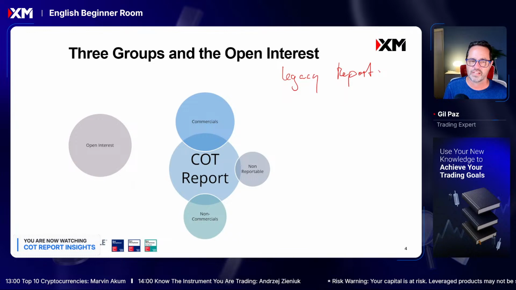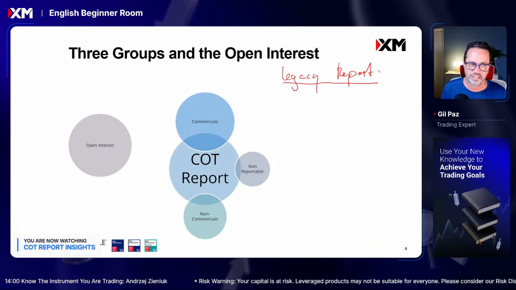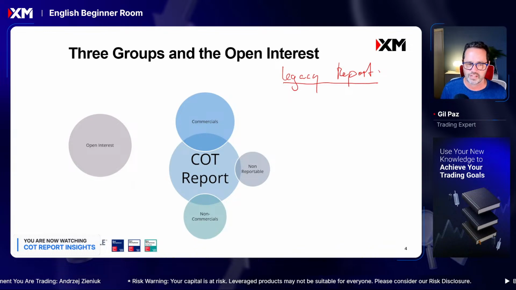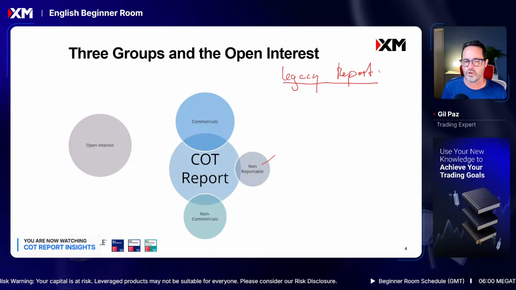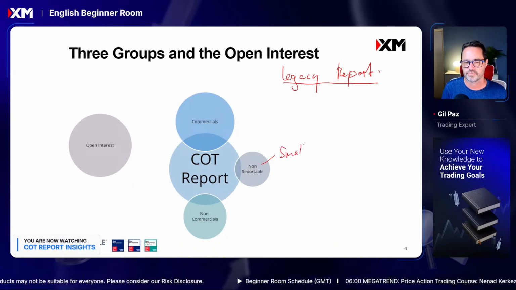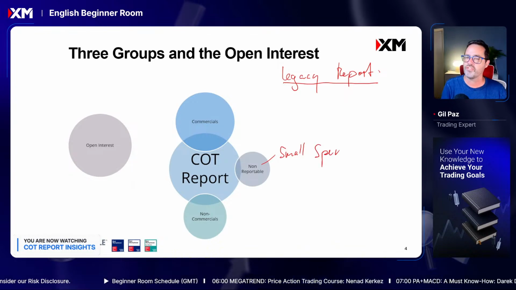But this is called the legacy report. The legacy report has 3 different trading groups and the open interest. The first trading group are non-reportables. Non-reportables are small speculators. They trade, but they don't have a lot of money.